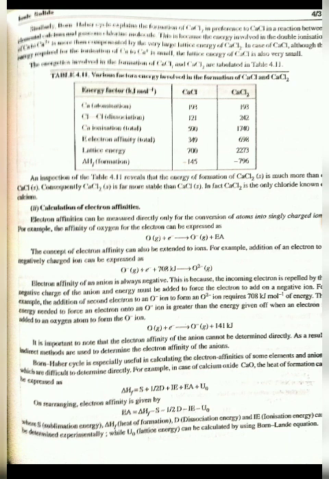On rearranging, electron affinity is given by EA is equal to delta HF minus S minus half D minus IE minus UO, where S sublimation energy, delta HF heat of formation, D dissociation energy, and IE ionization energy can be determined experimentally, while UO lattice energy can be calculated by using the Born-Lande equation.